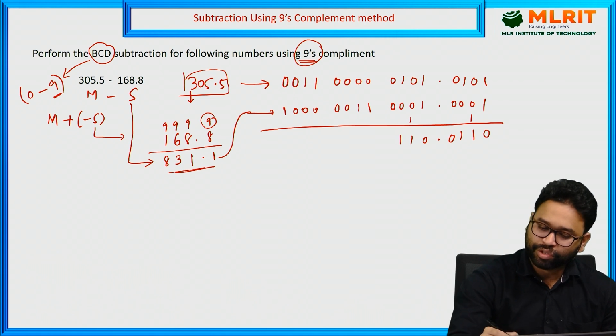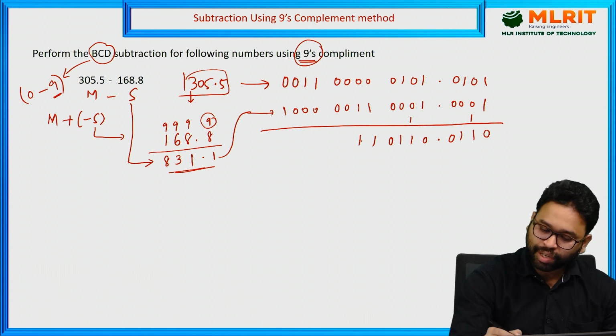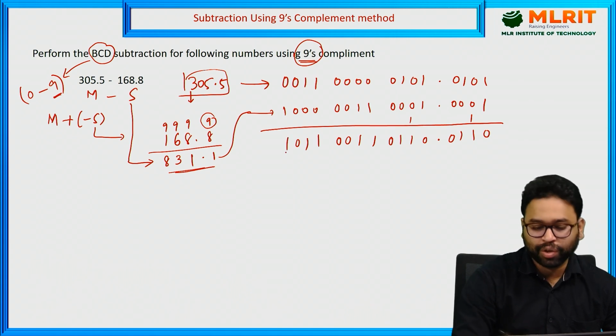Then afterwards 0 plus 0 it will be 0. Let's look at the next group. 0 plus 1 is 1. 0 plus 1 again is 1. 0 plus 0 is 0. 0 plus 0 will be 0. 1 plus 0 will be 1. 1 plus 0 will be 1. 0 plus 0 will be 0. 0 plus 1 will be 1.